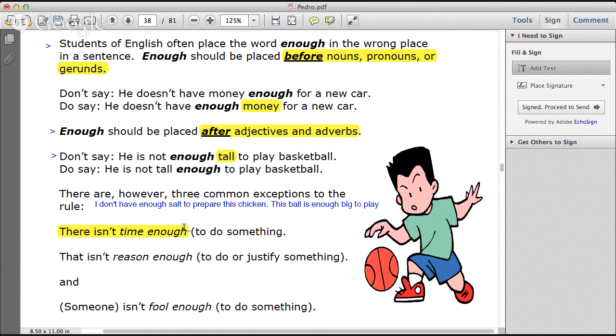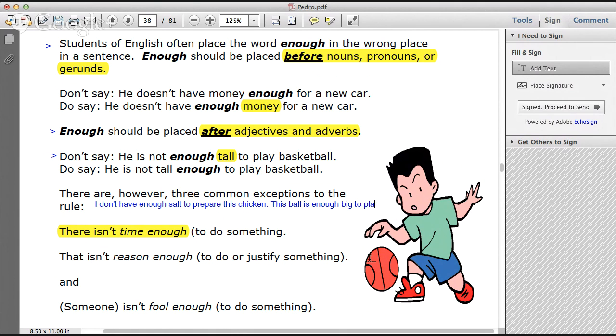All right, so what's our rule with adjectives? Big is an adjective, so we want to place enough before or after. What do you think, Javier? It goes after.